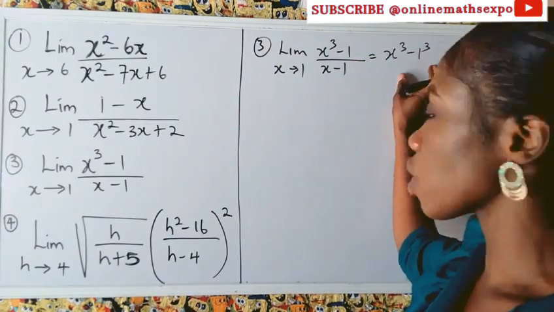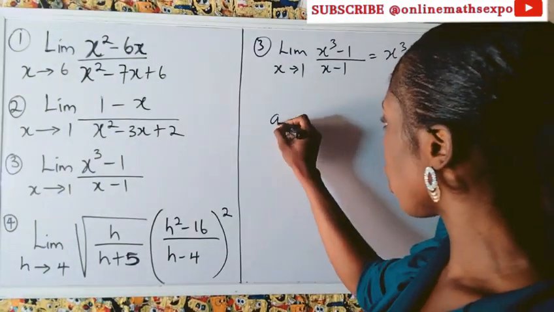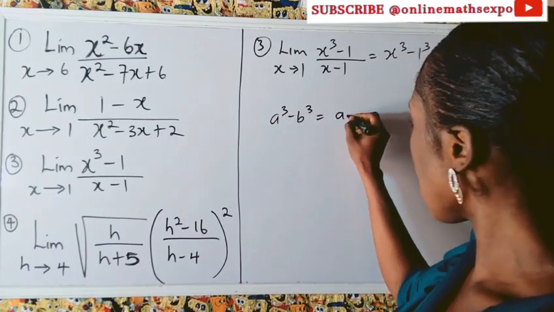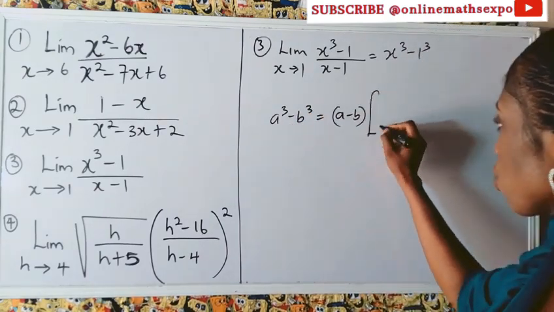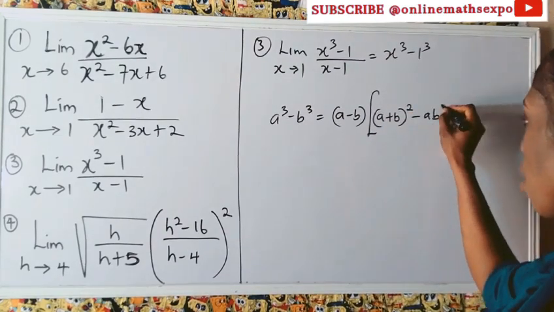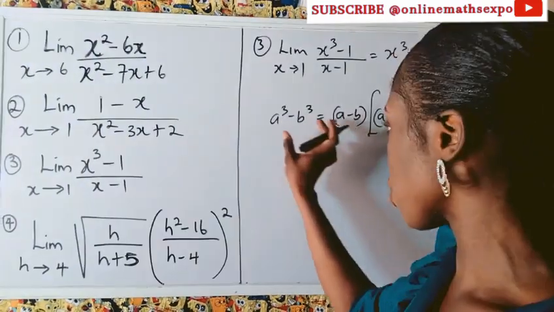At this point, we are going to use the difference of two cubes. For the difference of two cubes, a cubed minus b cubed, it means a minus b times a squared plus ab plus b squared. This is one of the expressions for the difference of two cubes.